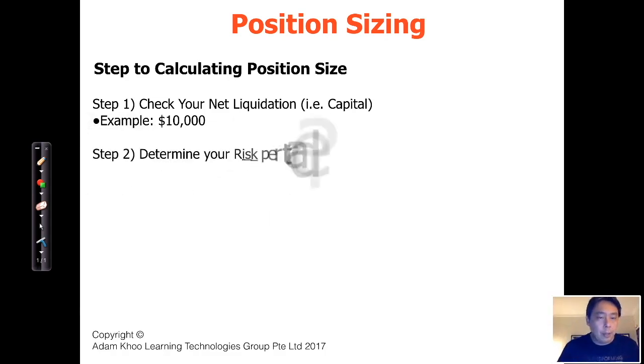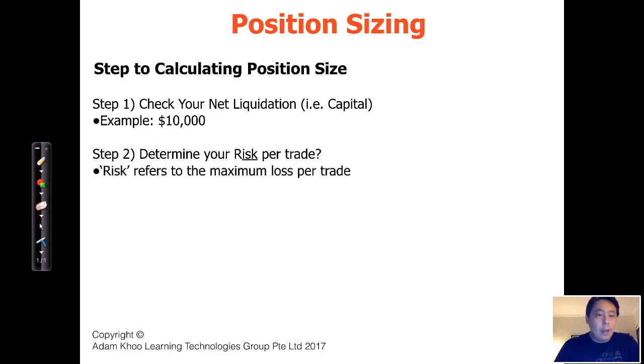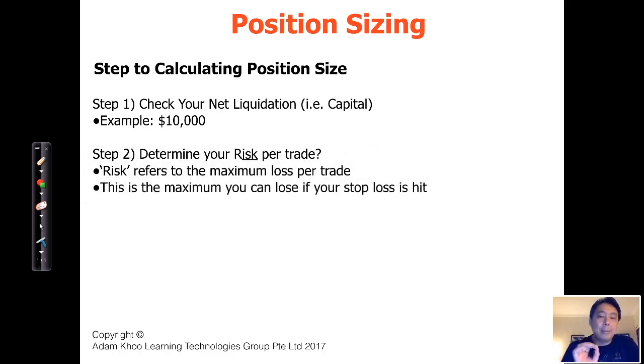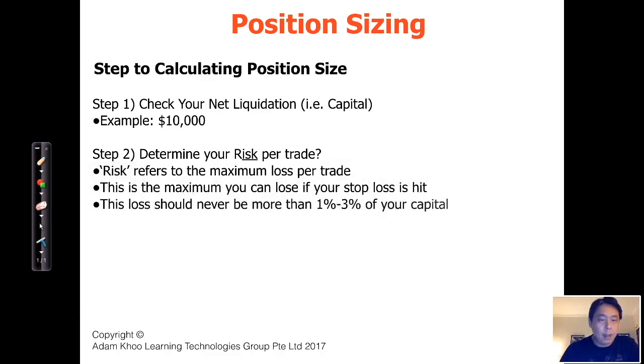Step 2 is you must determine your risk per trade. So risk refers to the maximum loss that you're willing to take for every trade you put in. This is the maximum you can lose if your stop loss is hit. Very importantly, this loss should never be more than 1% to a maximum of 3% of your net liquidation.